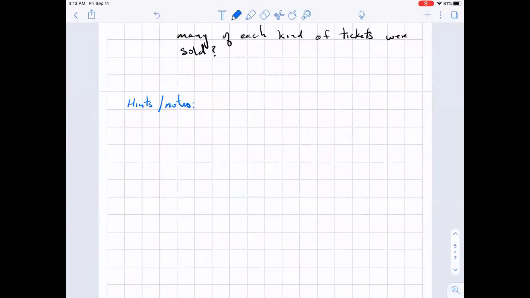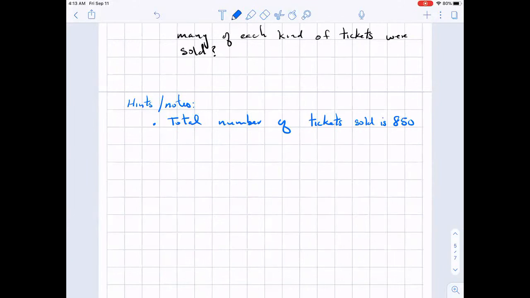So hint, total number of tickets sold is 850 tickets.